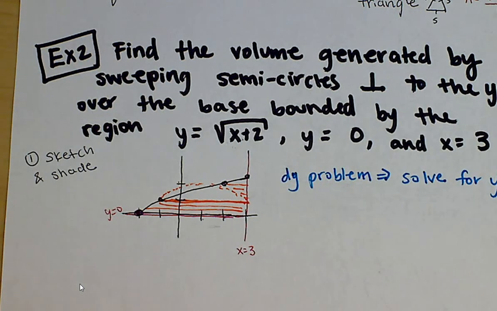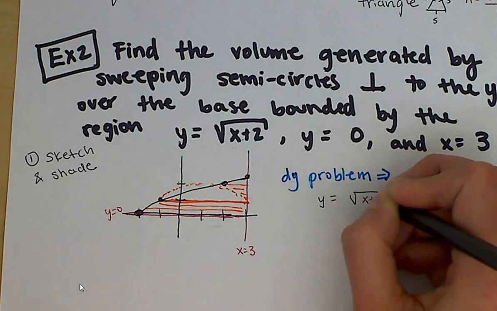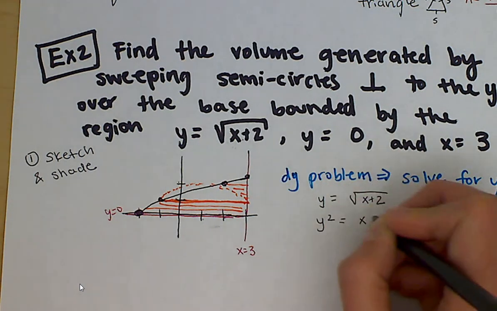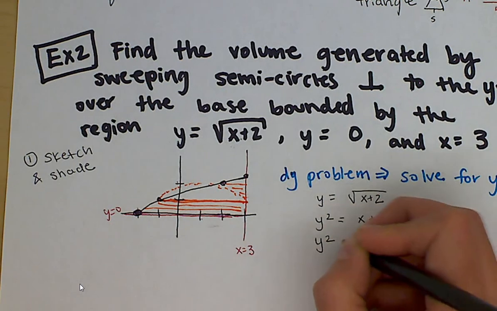Okay. So I had y equals square root of x plus 2. Square both sides. I get y squared minus 2 equals x.